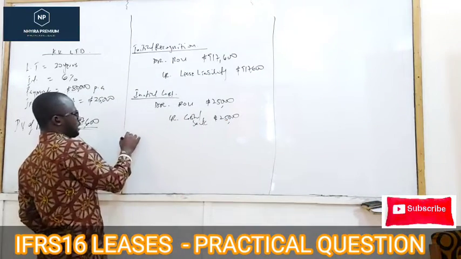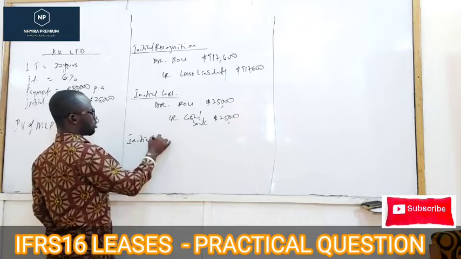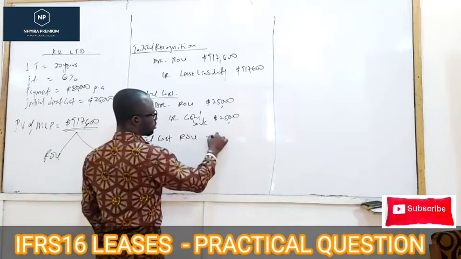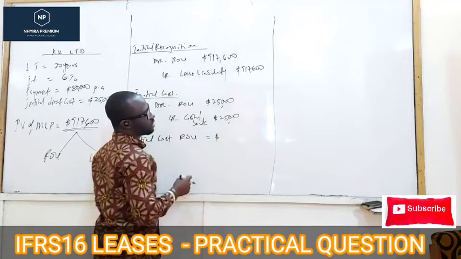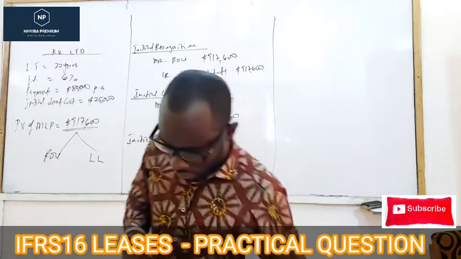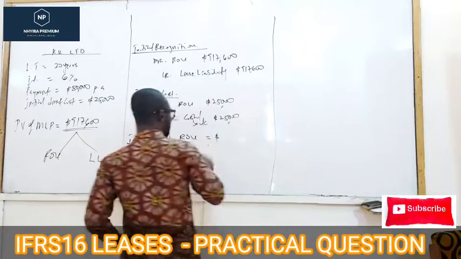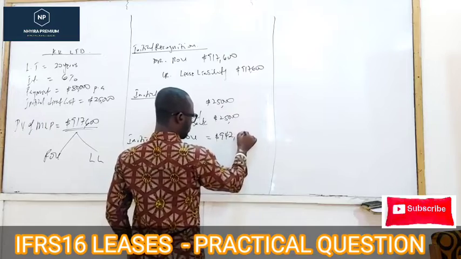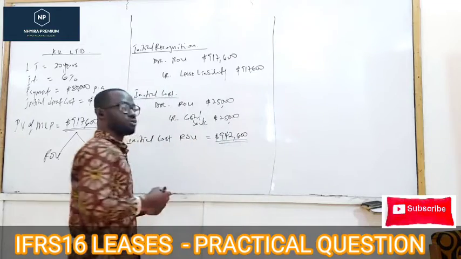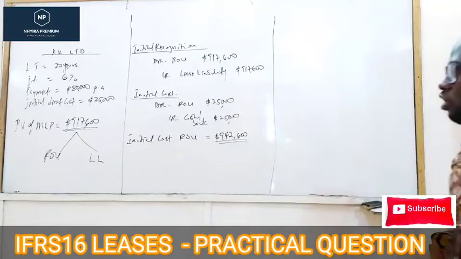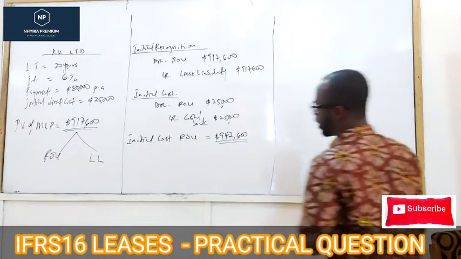It means that the initial cost of the right of use will be equal to the $917,600 plus the $25,000, and that should give us $942,600. So that is the treatment for the initial cost of our right of use of assets.